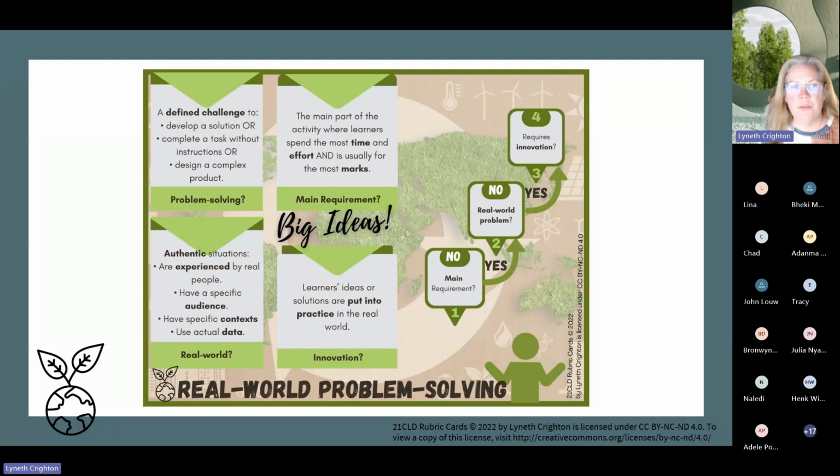Then we ask if it's real world, as in, is it an authentic situation experienced by real people, with a specific audience in mind, specific context, or actual data. And lastly, does it require the students to put their ideas or solutions into practice? Is it innovative?